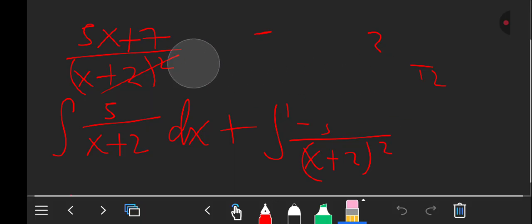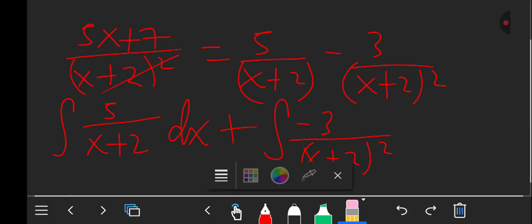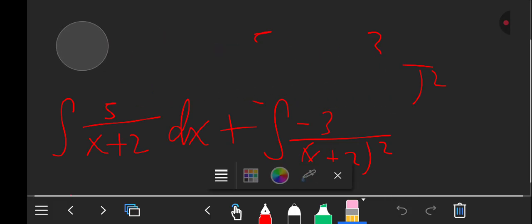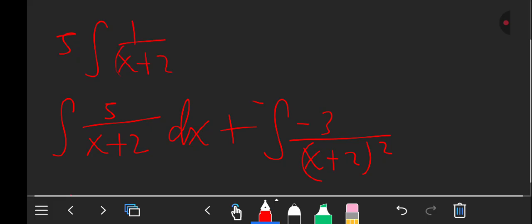Okay, now let's integrate. How can we integrate? To integrate this, I'll remove the 5 first. I'll remain with 1 over x plus 2 dx. We are integrating, right?